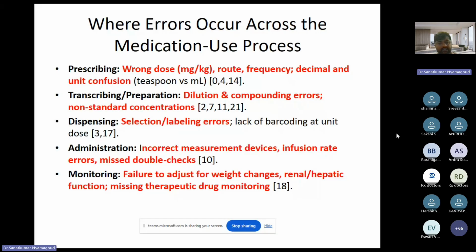So a missed double check leads to administration error. The last one is monitoring. Monitoring is all about failure to adjust for weight changes. Many times we don't check hepatic and renal function, still we write the prescription. We many times misuse therapeutic drug monitoring in the pediatric population. Hence, these all lead to major medication errors.